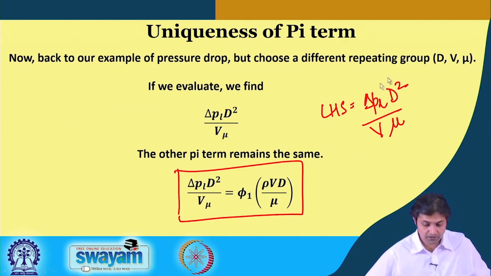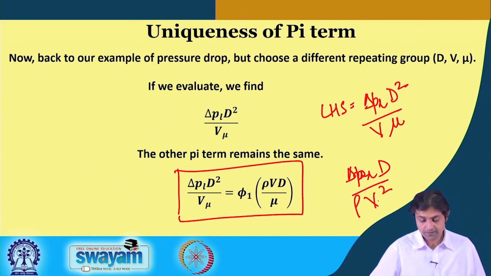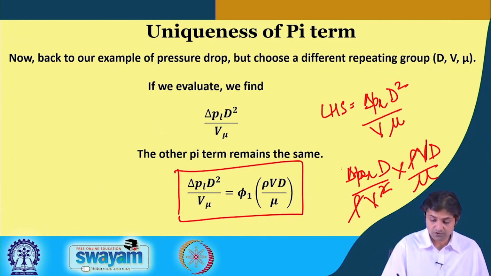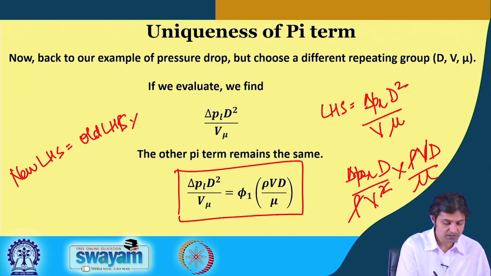We go back and find delta P L d by rho v square multiplied by Reynolds number rho v d by mu. So, v and v get cancelled, d d becomes d square, and rho and rho get cancelled. That is correct. So, this new LHS is the old LHS multiplied by the Reynolds number.